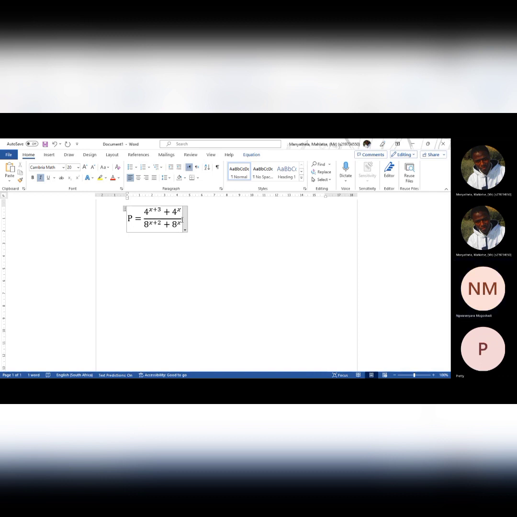If you have a calculator, you type 4 equal to, then shift, and then factor. It gives us 2 to the exponent 2.